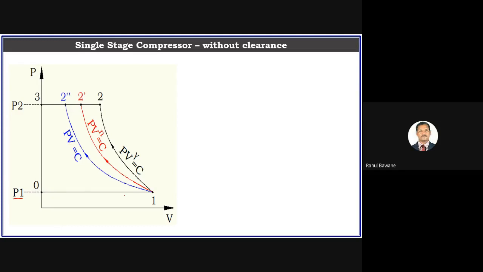When the piston reaches point 1, the total cylinder volume is filled with atmospheric air, and it is assumed that the suction takes place at atmospheric pressure. So this is the actual suction stroke, which is assumed to take place at atmospheric pressure.